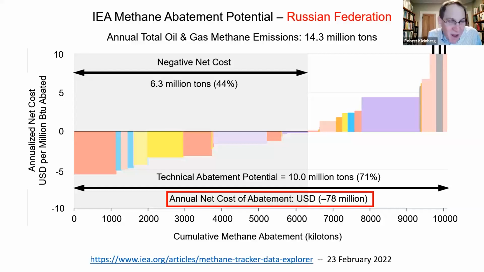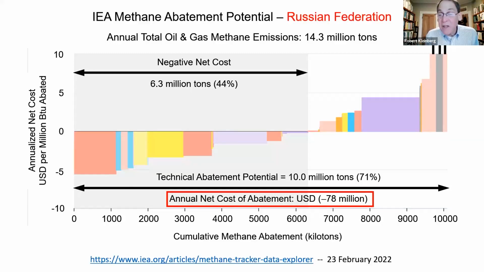And to be honest, the 44% that can be abated at negative net cost is sort of typical globally. Hey, you have to pay attention to pay attention. So anyway, and again, the technical abatement potential is about 10 million tons, which cleans up 71% of their problem.